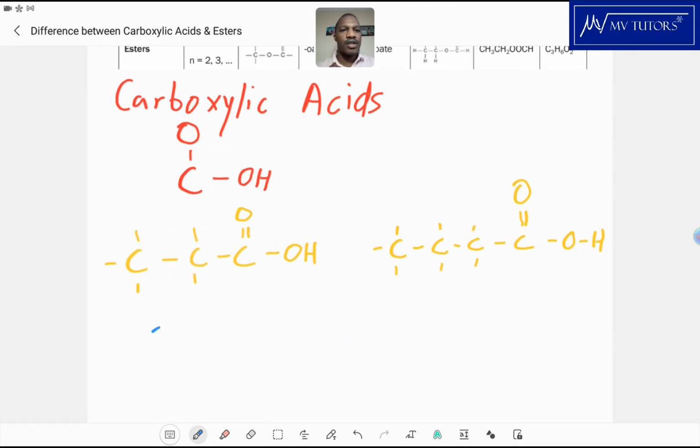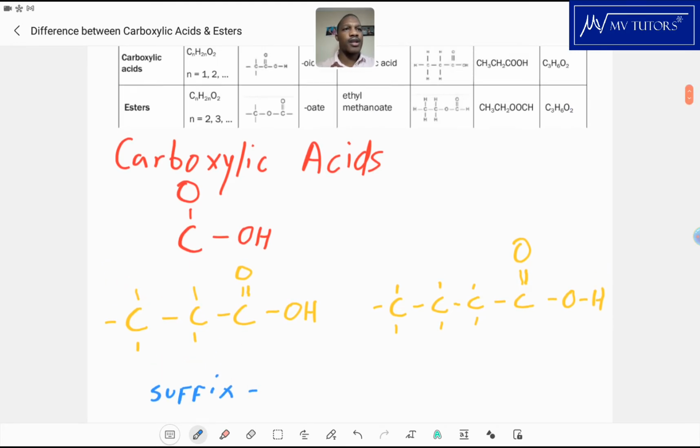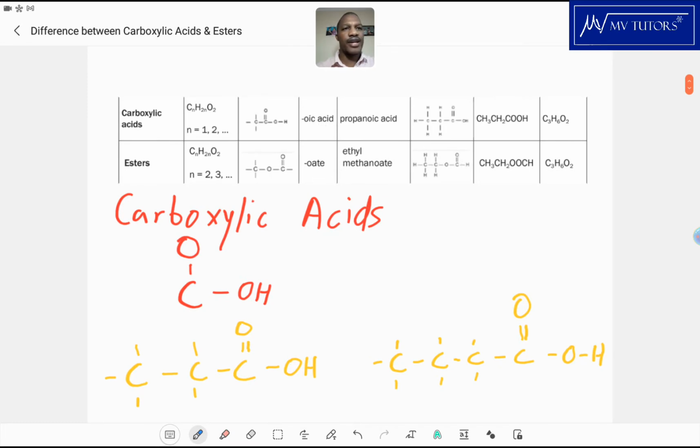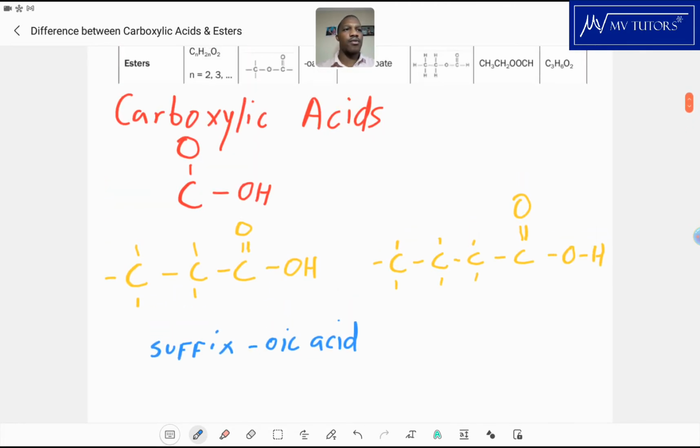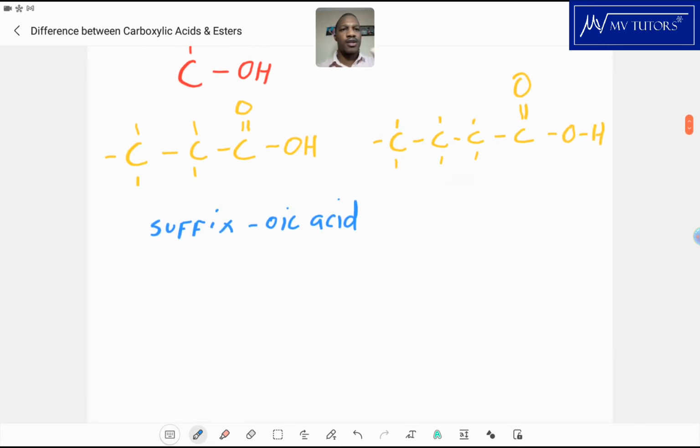Now let us discuss the naming of this. The suffix, as you can see here, is oic acid. This one, 1, 2, 3, that's a prop, from propane, and then you put the suffix oic acid: propanoic acid.